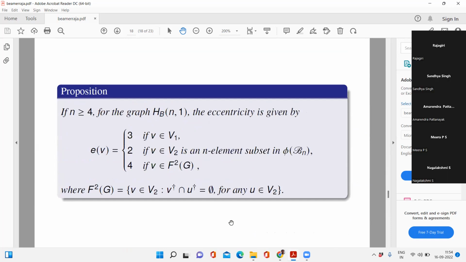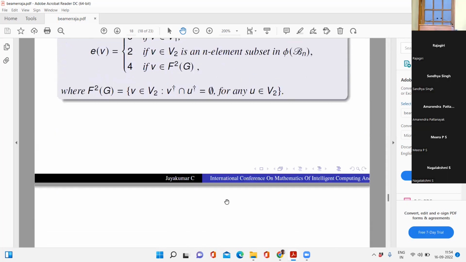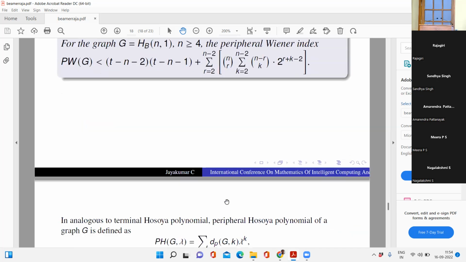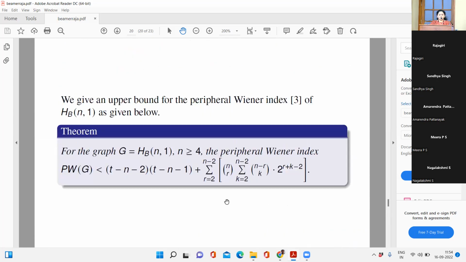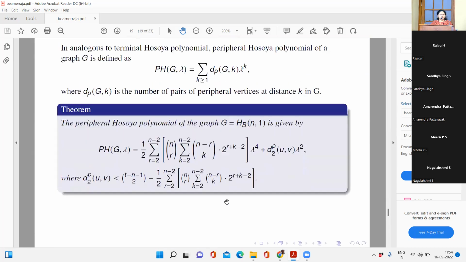We have calculated the eccentricity to be 3, 2, and 4. Using these eccentricities, we calculated the Hosoya polynomial and also the peripheral Wiener index.